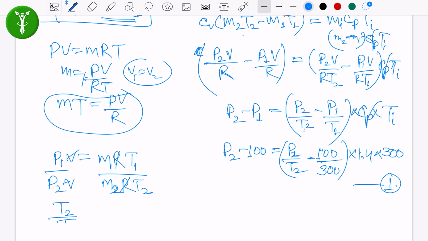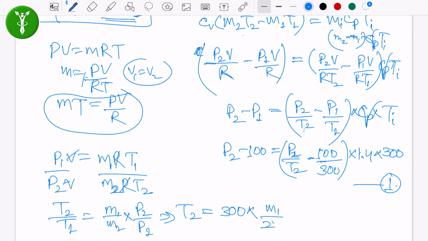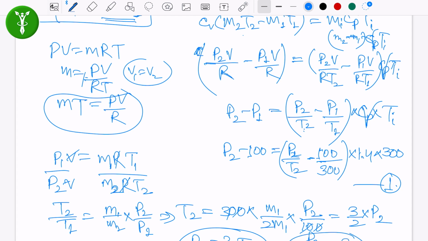Thus T2 is equal to T1 times M1 divided by 2 M1 into P2 by P1. We don't know P2, and P1 is 100, so that will be 3 by 2 times P2. So the ratio P2 by T2 will be equal to 2 by 3. So use this in equation 1.